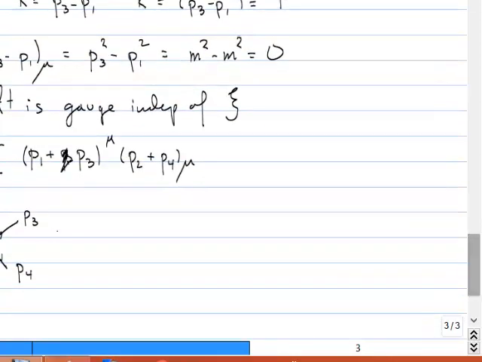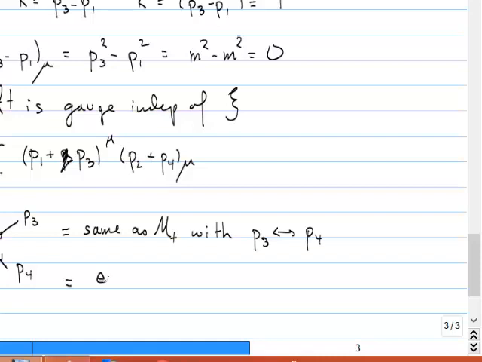The answer for M sub u is the same as M sub t, except with P3 and P4 interchanged.